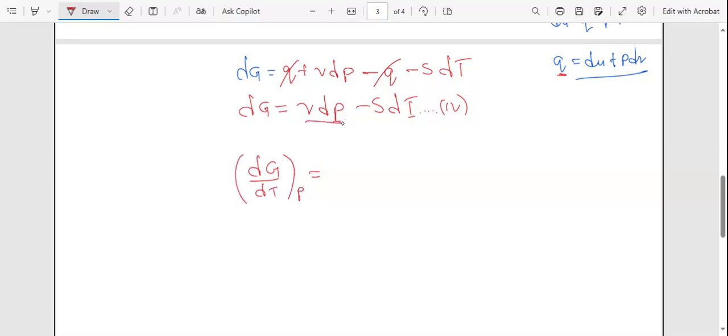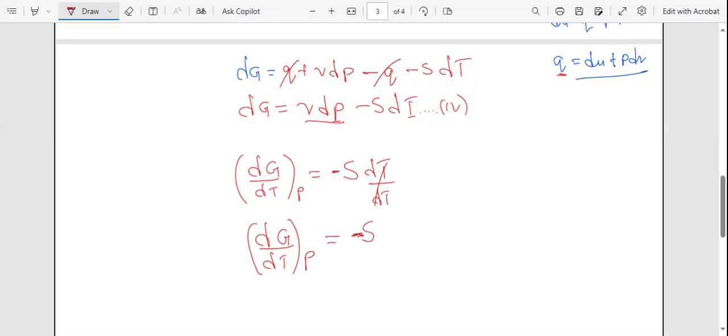Constant pressure means dP is equal to 0, so this will be cancelled definitely. So we remain with S dT, then differentiating everything by dT, that will cancel, right? So that will be just dG over dT at constant pressure is equal to negative S.